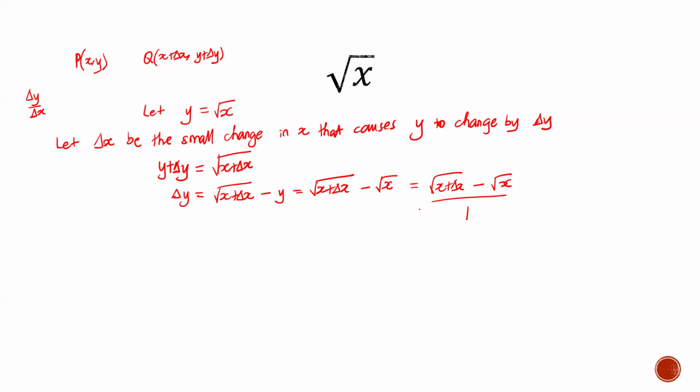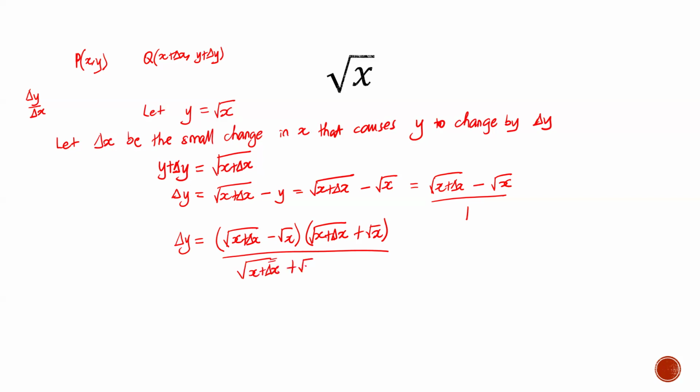So we multiply the numerator and denominator of this function by the conjugate, so we have the square root of x plus delta x, plus the square root of x, divided by the same thing. We'll be able to rationalize the numerator.